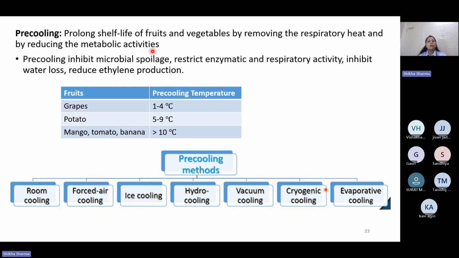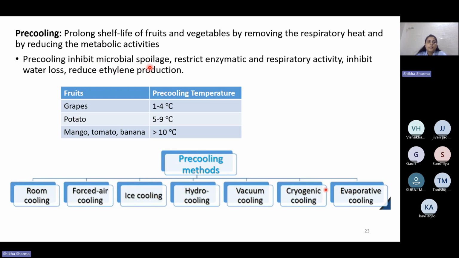When respiratory heat is high, obviously there is faster deterioration and more metabolic activity. So pre-cooling is usually done to increase the shelf life of fruits and vegetables.